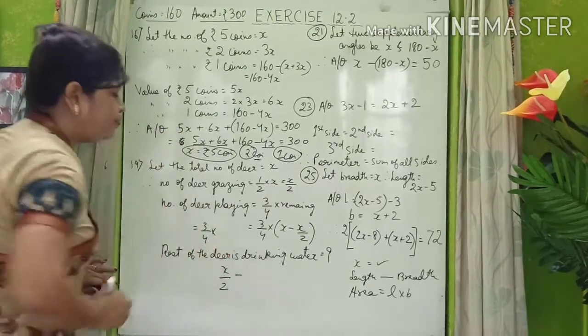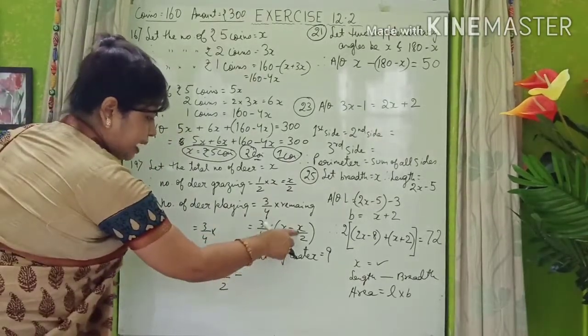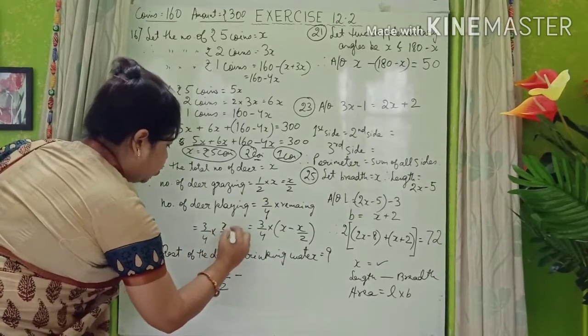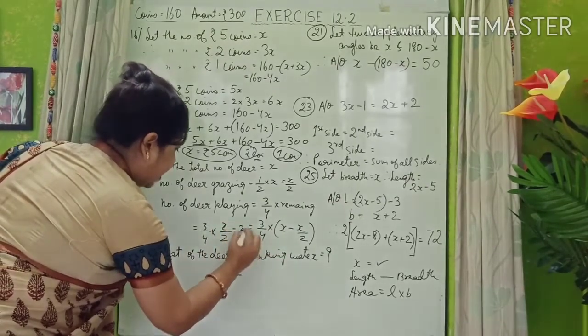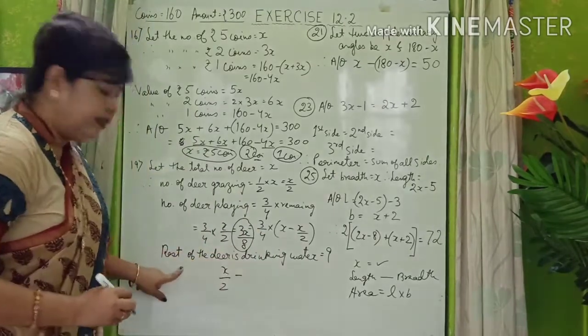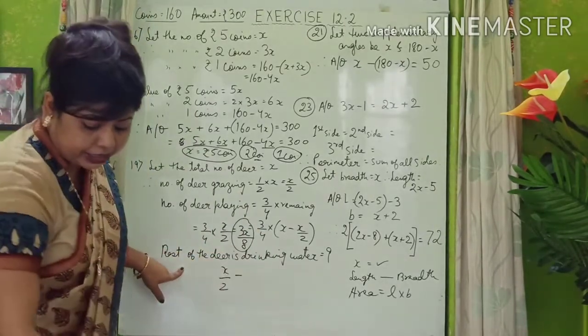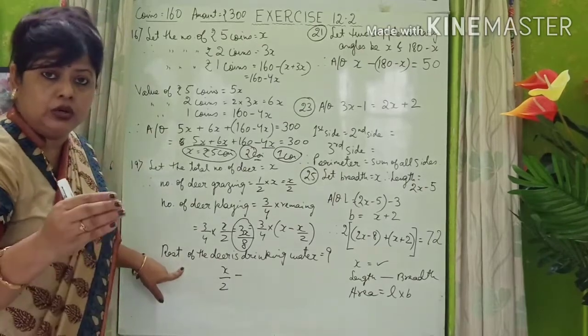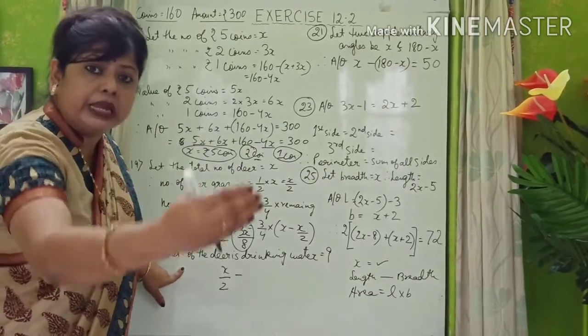The LCM is 2, 2x minus x, so x by 2 remains, and it becomes 3x by 8. Follow? 3x by 8.